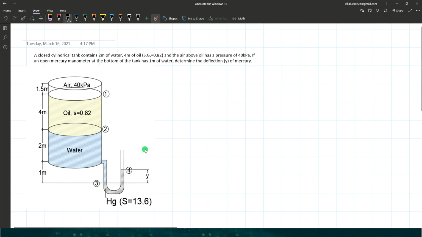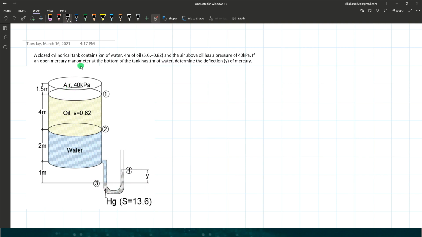Okay, so we have three fluids here. We have oil, water, and mercury. And above the oil, we have air, which has a given pressure of 40 kilopascal.